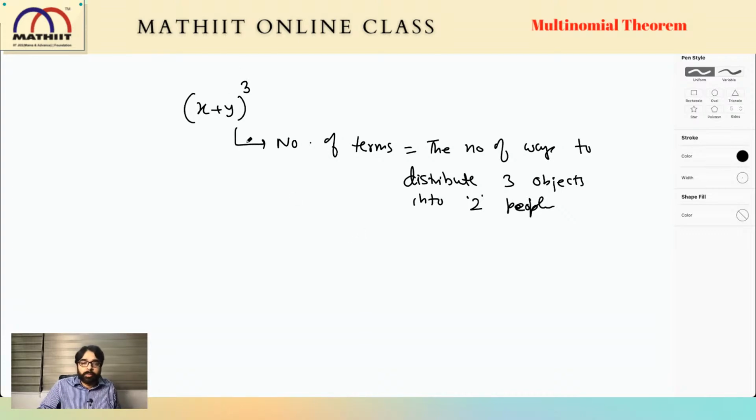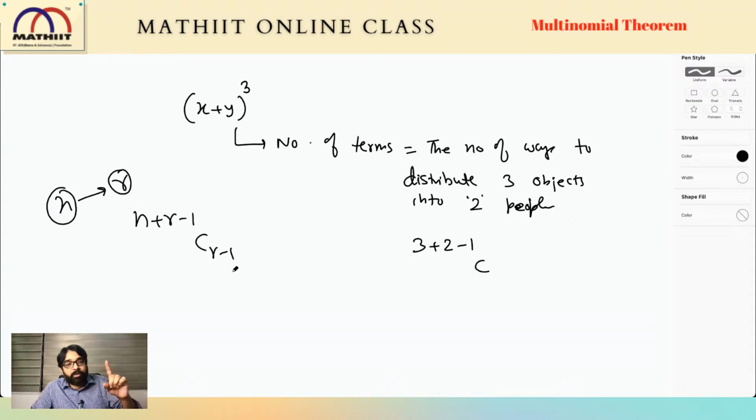3 objects, 2 groups: 3 plus 2 minus 1 C. Remember? N objects, if you want to distribute into R groups, how many ways can you distribute? N plus R minus 1, C R minus 1. Empty groups are allowed, because maybe x is getting 0 objects, maybe y is getting 0 objects. So we say 3 plus 2 minus 1 C 2 minus 1, and that is equal to 4C1, which is 4. It means I can distribute in 4 ways.